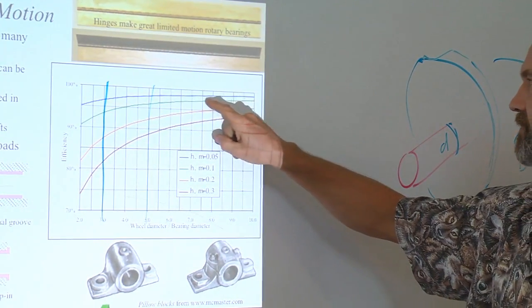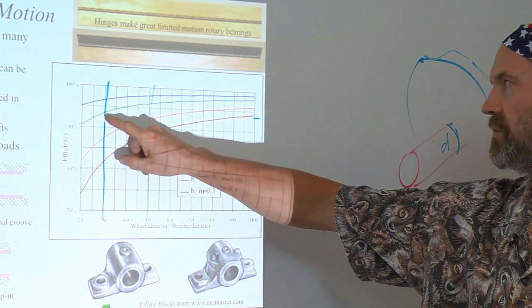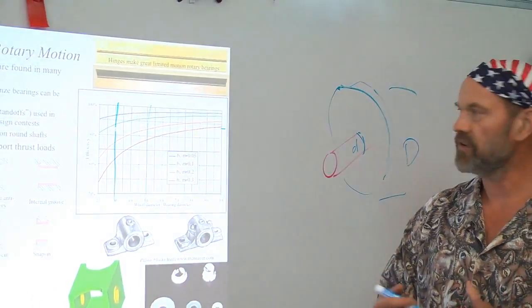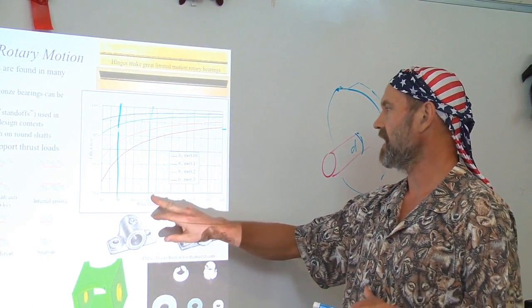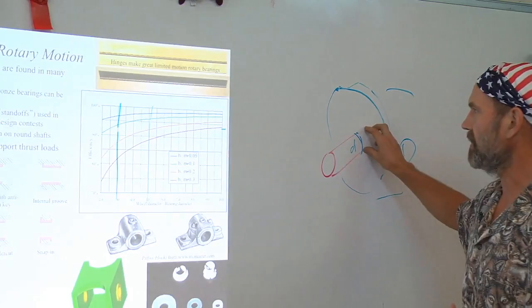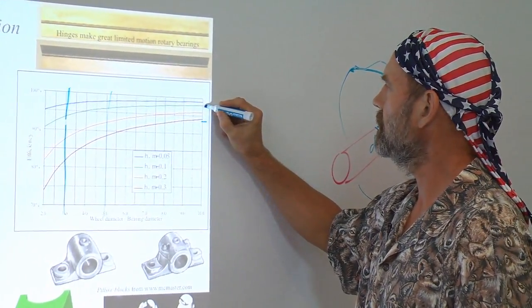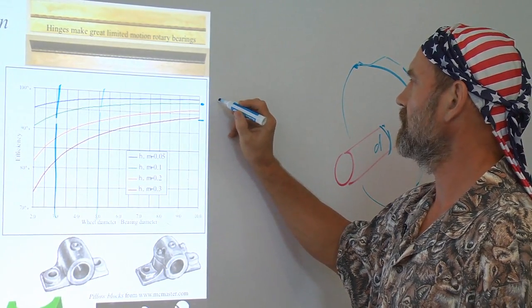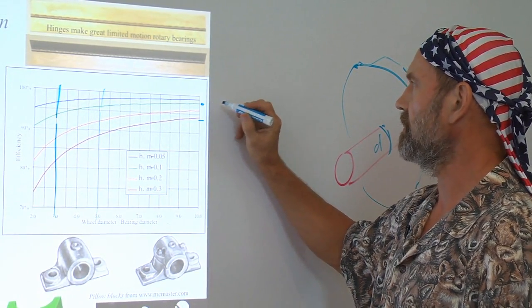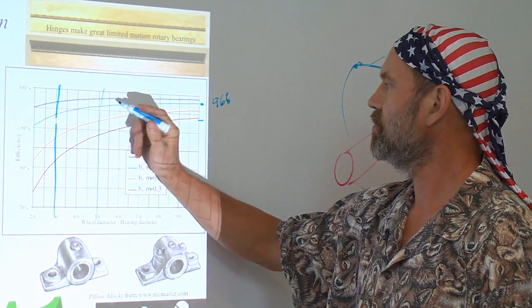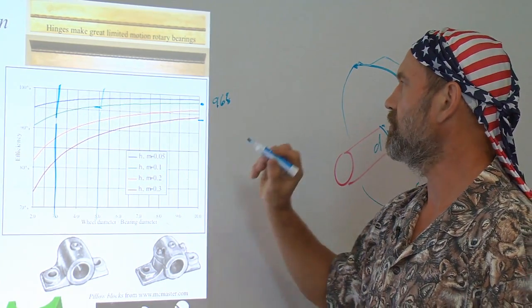So this green line is for a coefficient of friction of 0.1, which is very typical for example, steel on a polymer. At a wheel diameter of 5 times the bearing diameter of the shaft, the efficiency of the machine looks like it varies from 96% to maybe 92 or 93%.